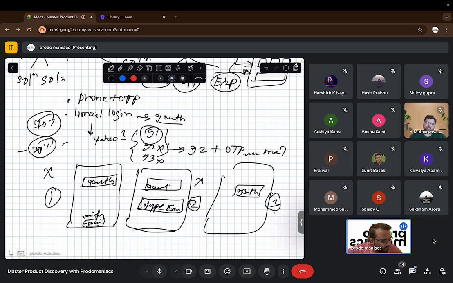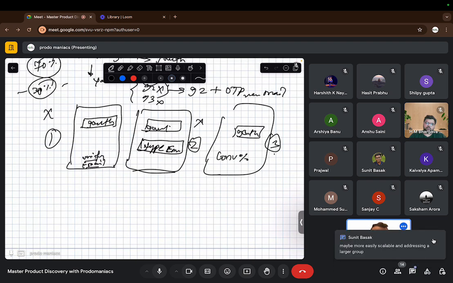But then we figured out that the third one has a better conversion. We don't know the reason, because based on the user research we saw that more people wanted to do an OTP or some alternative option, but that did not work.